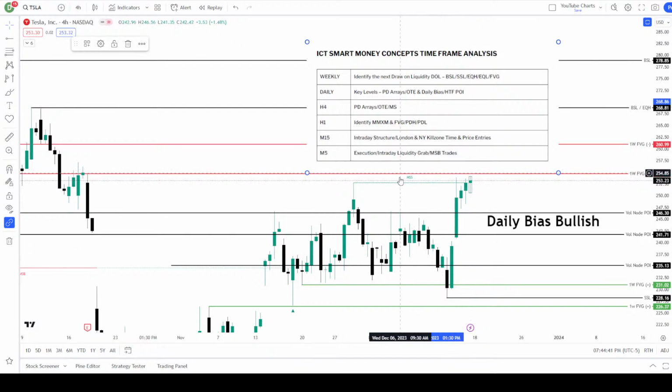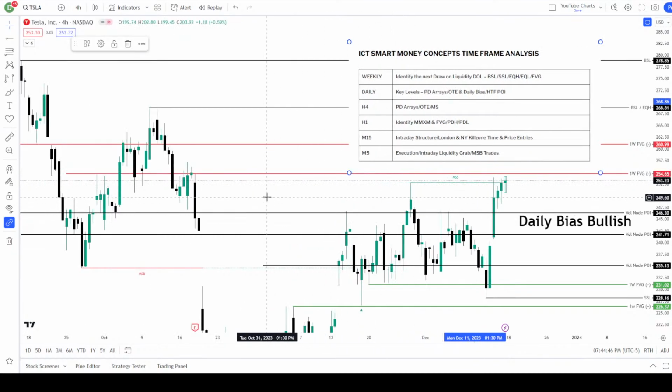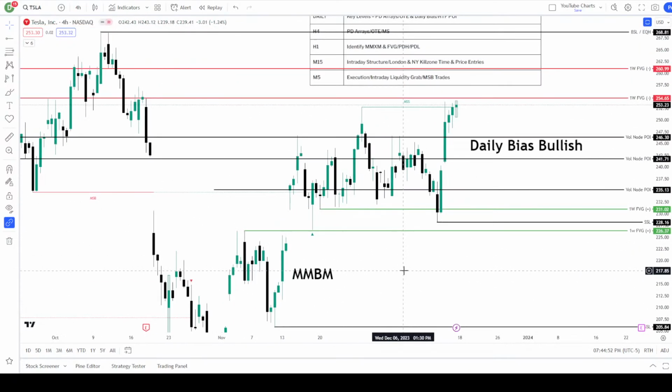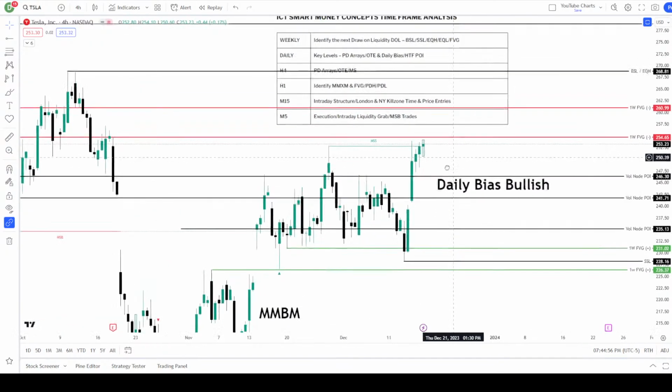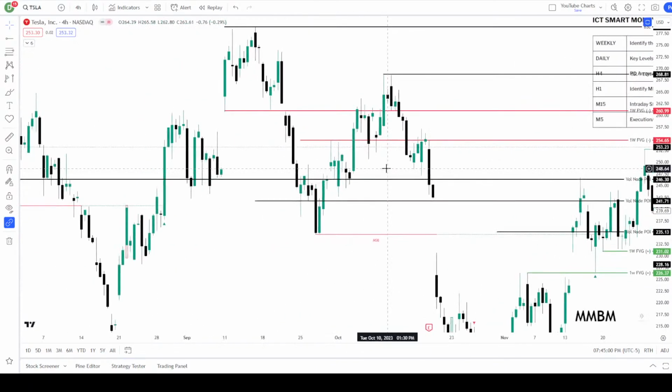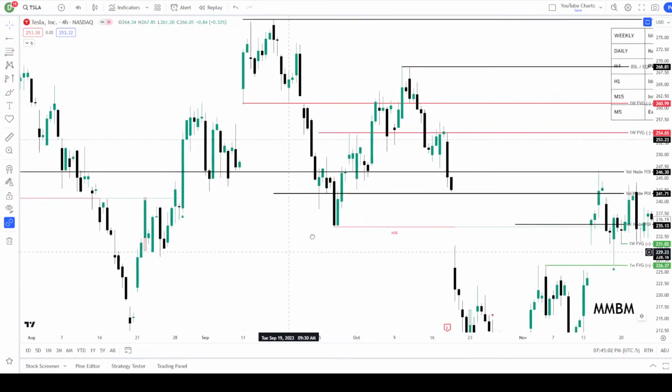So there it initiated the market structure shift. On this time frame, you didn't see any market structure shifts through all of this price action. Now we are seeing a confirmation of a market structure shift. And when a market structure shifts, there typically ends up being continuation.